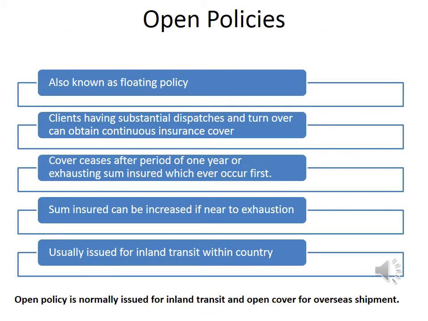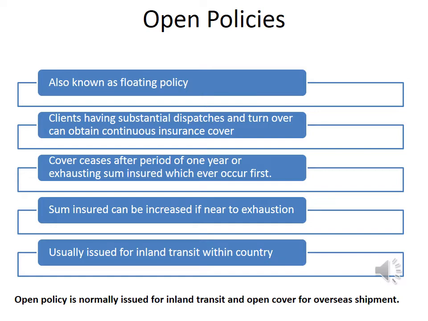So we have seen the specific voyage policy, then we have also seen the open cover. Now these are the open policies. This is also known as a floating policy. Clients having substantial dispatches and turnover can obtain continuous insurance cover. Cover ceases after a period of 1 year or on exhausting the sum insured, whichever occurs first.